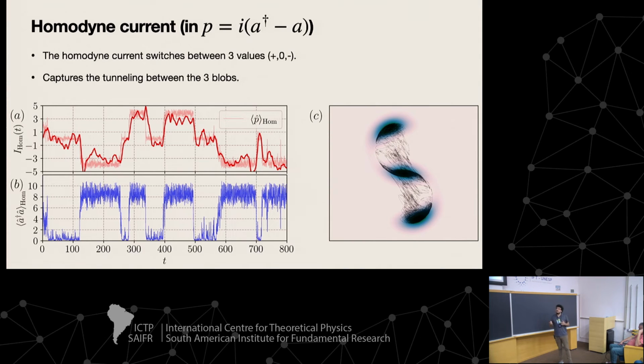Photodetection can know if the system is in the middle blob or in the outer blobs, but it cannot know if the system is here or here, right? But homodyne can. Homodyne can distinguish if the system is in the top blob or in the bottom blob. For example, the photon number is high when the system is in the bottom blob and high when the system is in the top blob, but you cannot really know which blob you are in. But with homodyne detection, you can actually distinguish the two.